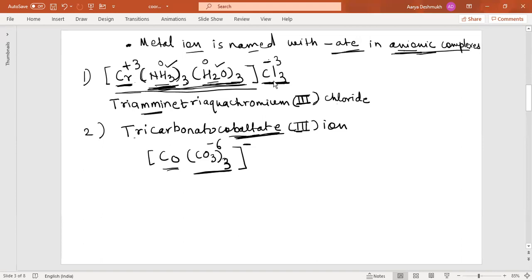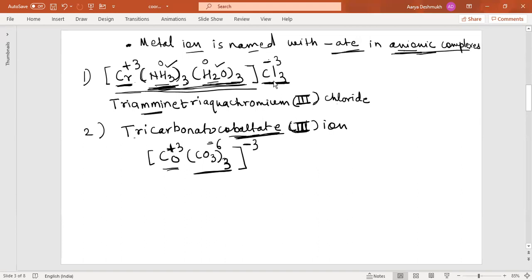Now, in the name which is given to you, the oxidation state of cobalt is given, which is +3. So how do we come to know this is +3? From the name itself. Some of the information you can get from the name itself, so it becomes easier for you. So this +3, this -6. So what is the remaining charge on this?